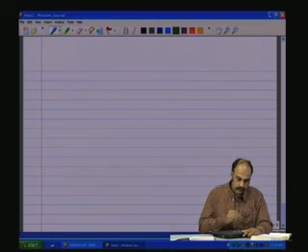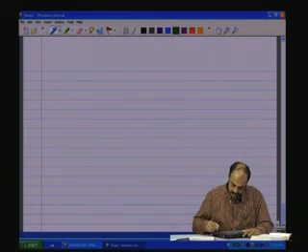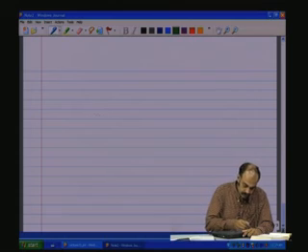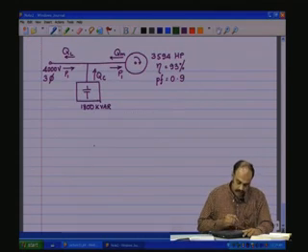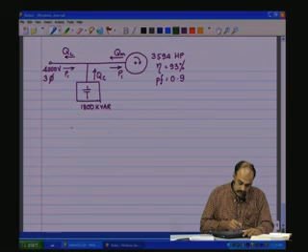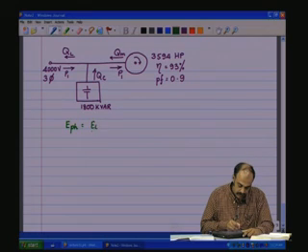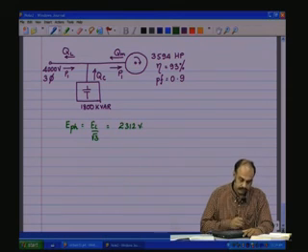Now, if we look at the vector diagram, let me have this in picture. The motor is generally star connected, and therefore the phase voltage is given by line voltage divided by root 3, which is 2312 volts.